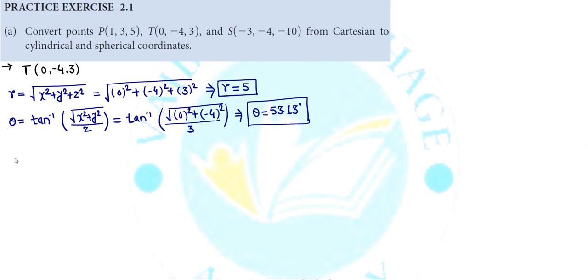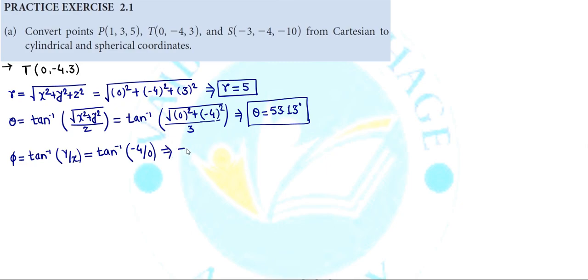Okay, and then next, we have the phi. Phi is equal to tan inverse of y by x. So put the values of y and x: y is minus 4 and x is 0. Earlier we have discussed what this answer is.